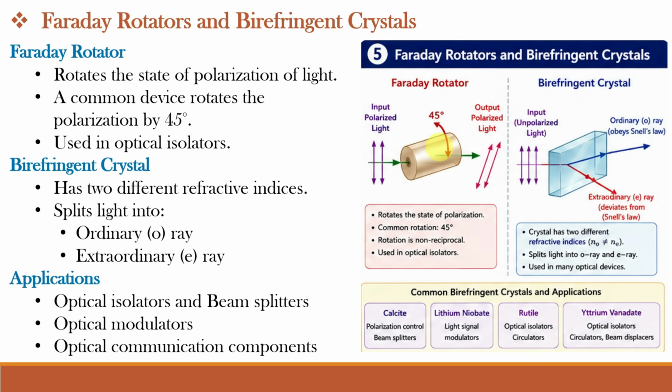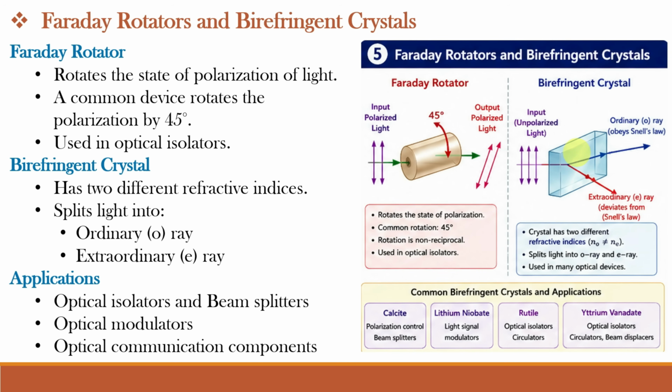See, some optical devices make use of polarization in different ways. A Faraday rotator rotates the polarization of light by a fixed angle, commonly 45 degrees. And this property is used in optical isolators to prevent unwanted reflected light from damaging laser sources. Another important device is a Birefringent crystal.